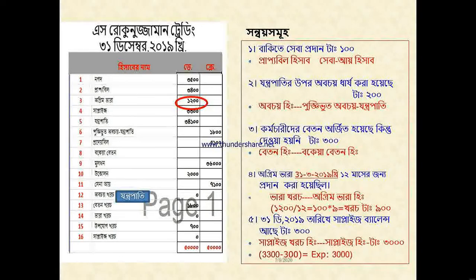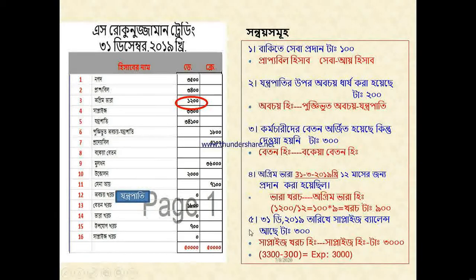In this particular case, advance rent is an asset, but it has decreased, so it will be credit. If any asset comes into the business or increases, it will be debit. If any asset goes out or decreases, it will be credit. So rent expenses debit taka 900, advance rent credit taka 900.